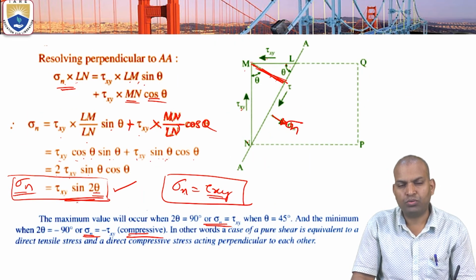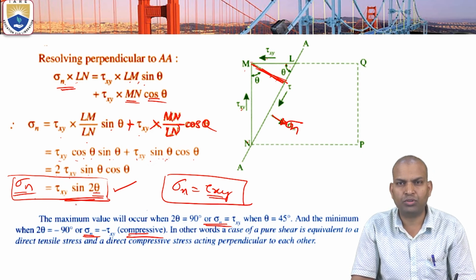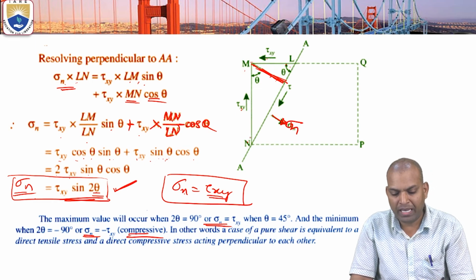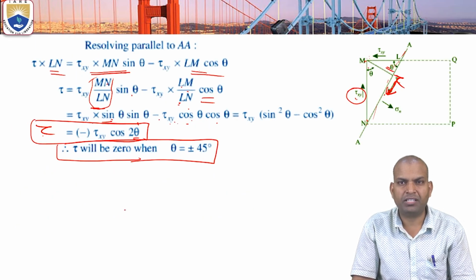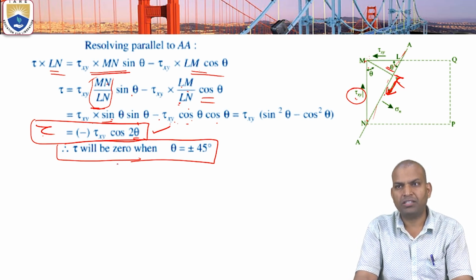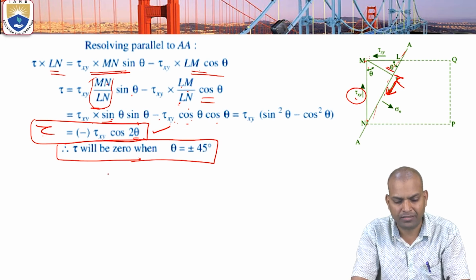For case 2, that is pure shearing, sigma n equal to tau xy sin 2 theta. And on this plane, when theta equal to 45 degrees, the shear stress becomes 0. That's why that plane AA is known as the shear principal plane.